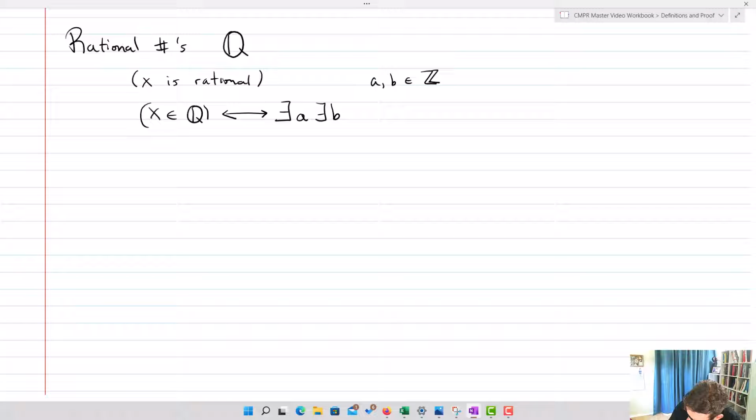These are both integers, such that a over b equals x, or x equals a over b.